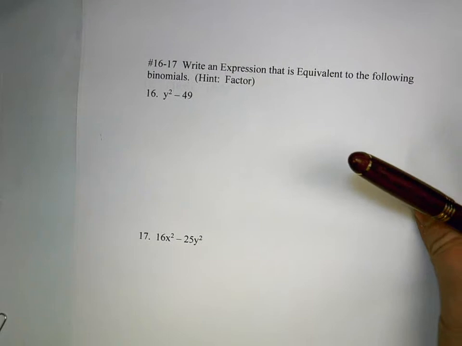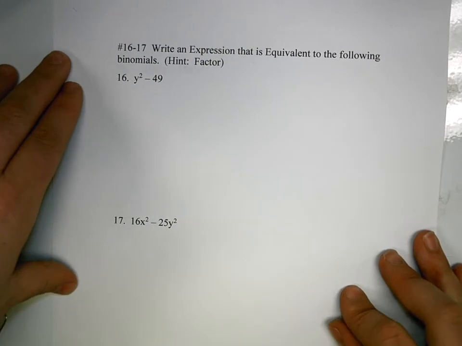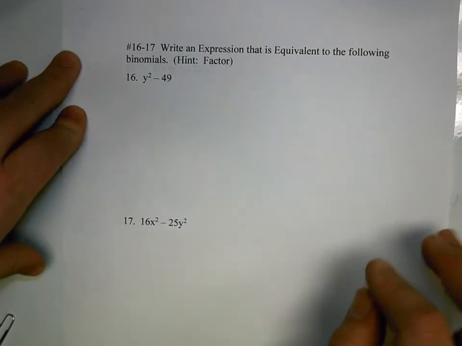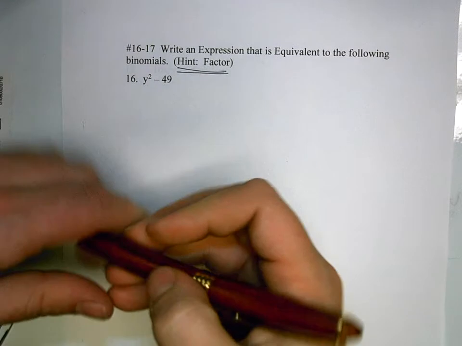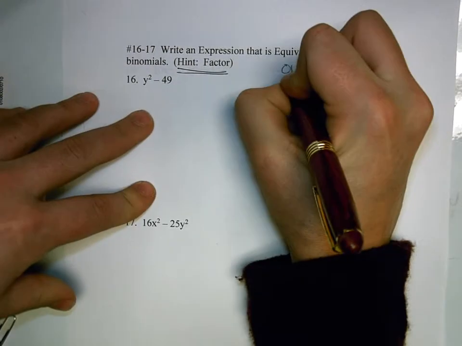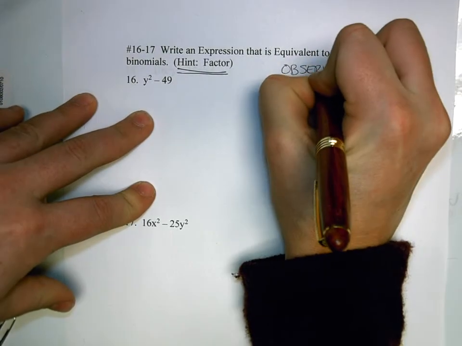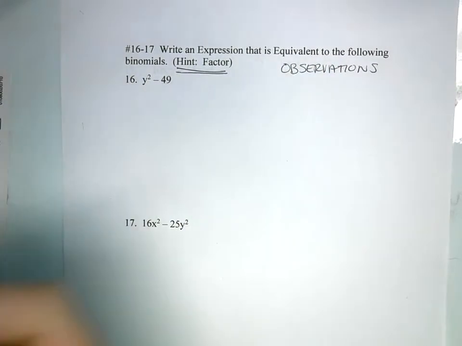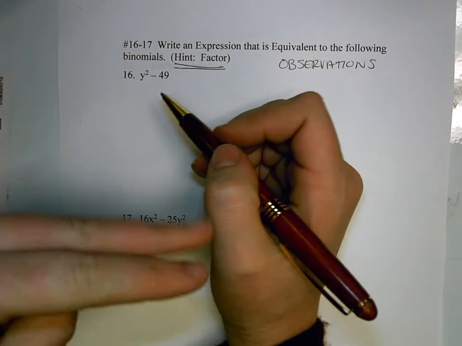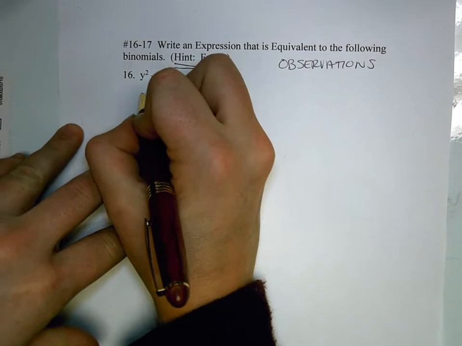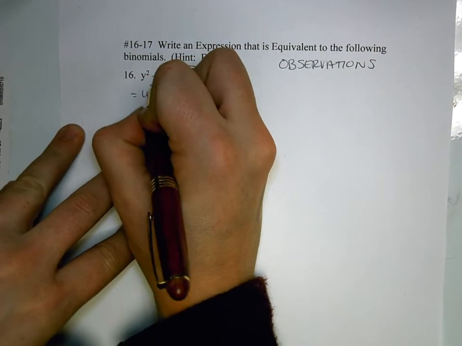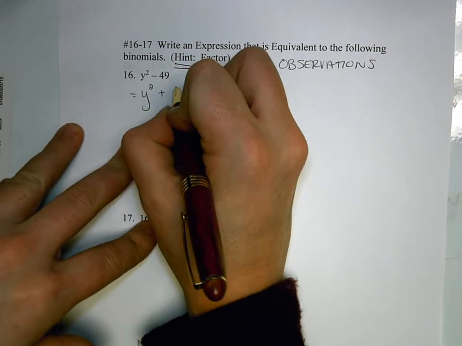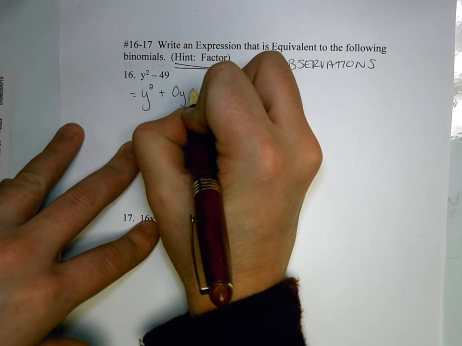Number 16 says, write an expression that is equivalent to the following binomials. Hint, factor. I'm going to write down some observations. First of all, there's only 2 terms here, but I do have something squared. I have no middle term, so if I rewrite this as y squared plus a middle term, I have 0y minus 49.